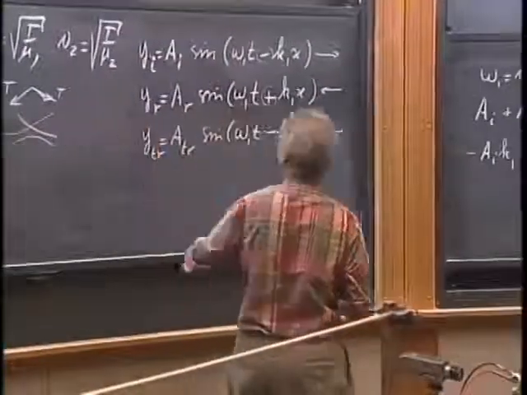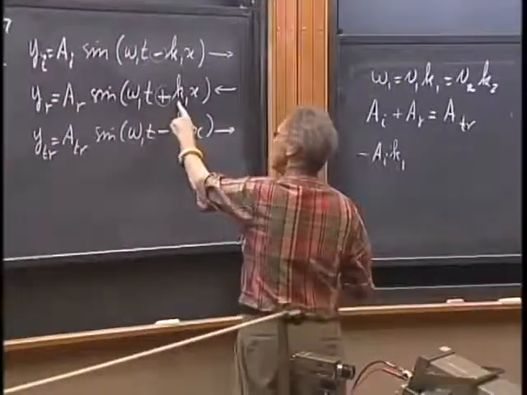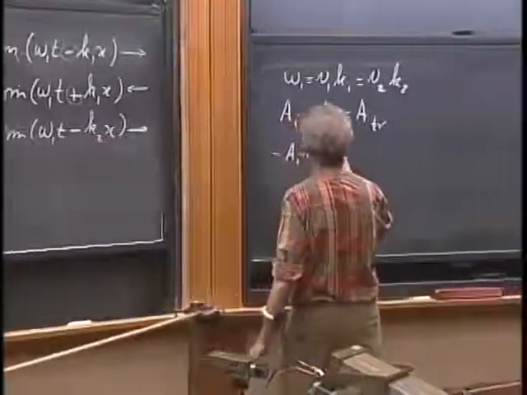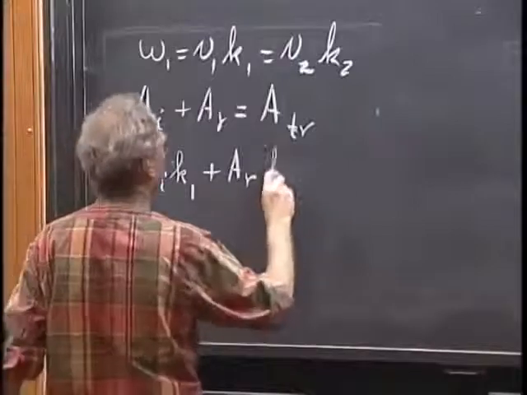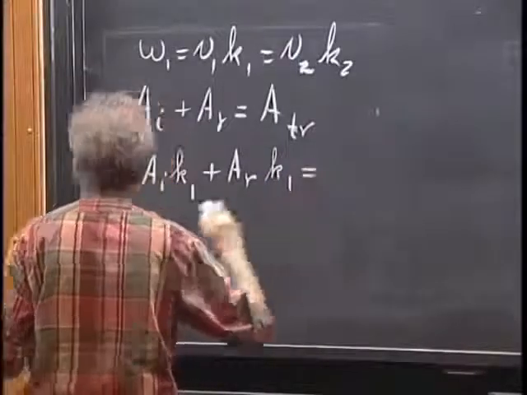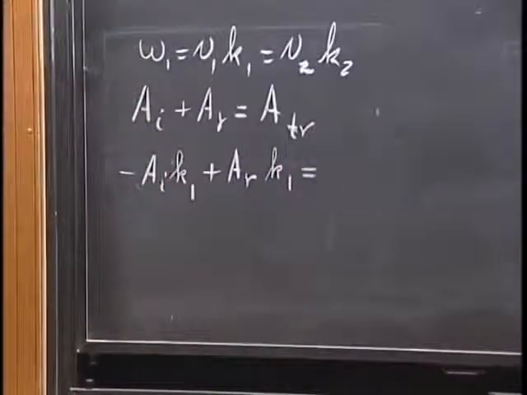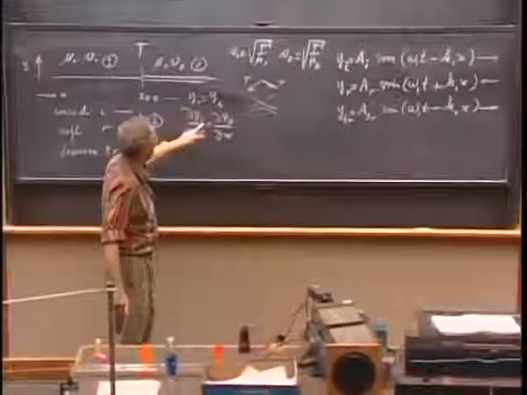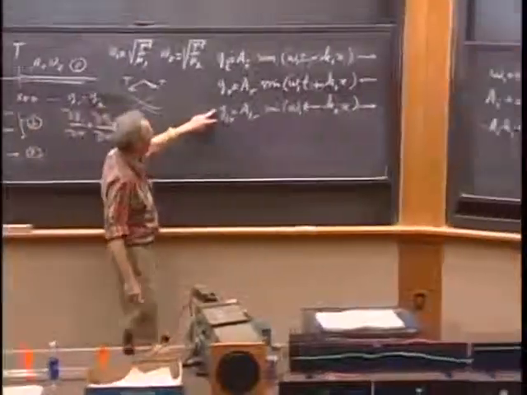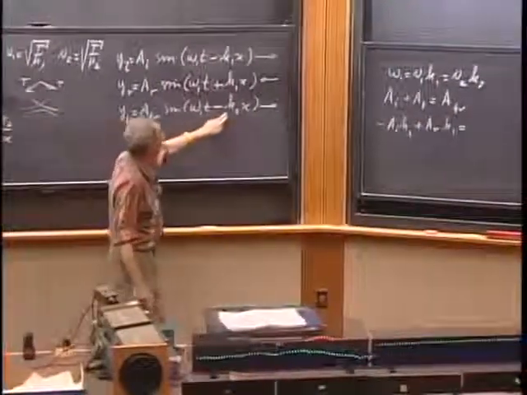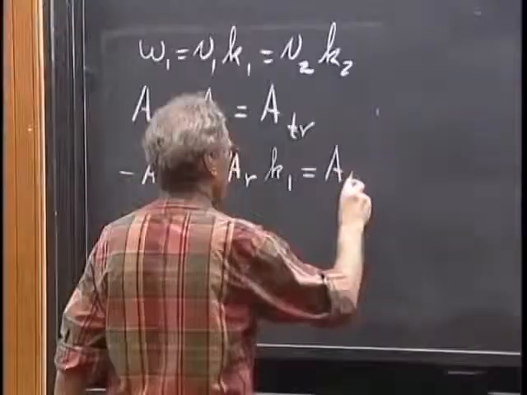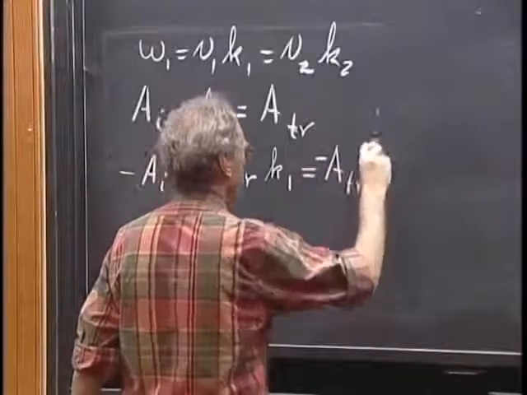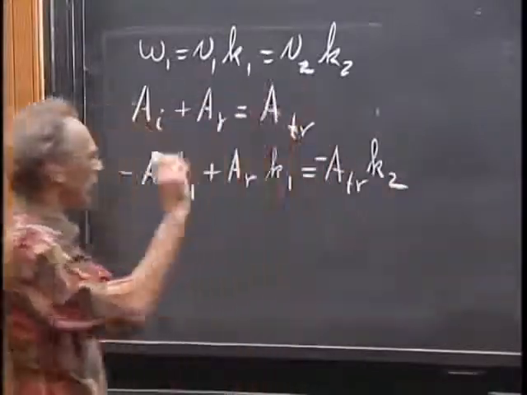My next one gives me plus a of r times k1. This is the left side, my dy1/dx, and my dy2/dx in my second medium is now this one. It gives me a minus k2 times a transmitted, and I dump the cosine.